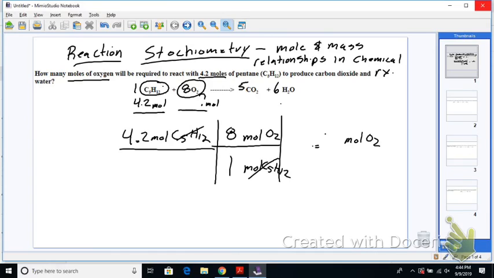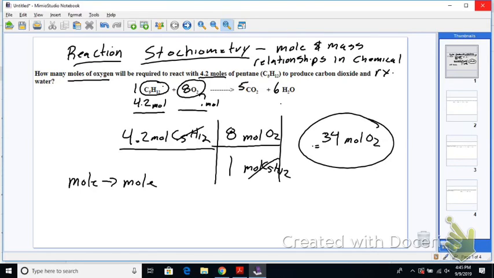So I'm going to have 34 moles of oxygen that the reaction requires. So that's how you do what's called a mole to mole problem, like if you go from moles of A to moles of B, which is a different type of reactant or product.